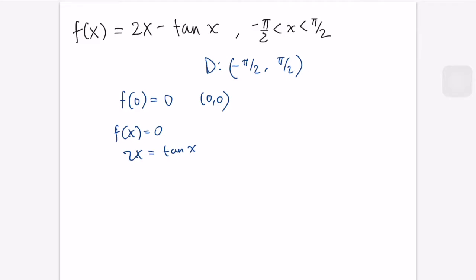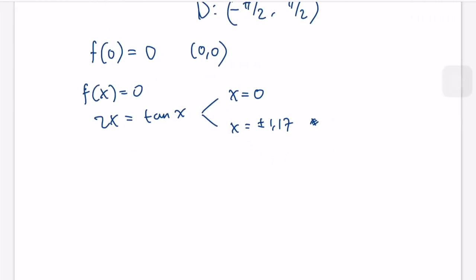You can write it in the calculator, and you will get x is 0 or x is plus minus 1.17. Doesn't matter, this will be just some x where the curve will cross the axis. You can use the calculator to make sure, because if you use radians, sometimes you're not sure how many decimals it will be in the graph.